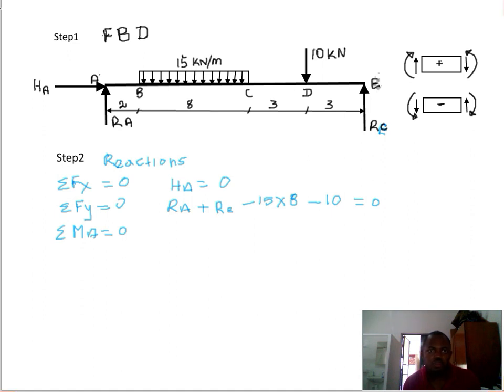We take the moment at this point, so the moments of RA and HA are equal to 0, because the distance from those forces to the point of the moment is 0. So we are left with RE times 16. Sorry, I keep saying RC, it should be RE.